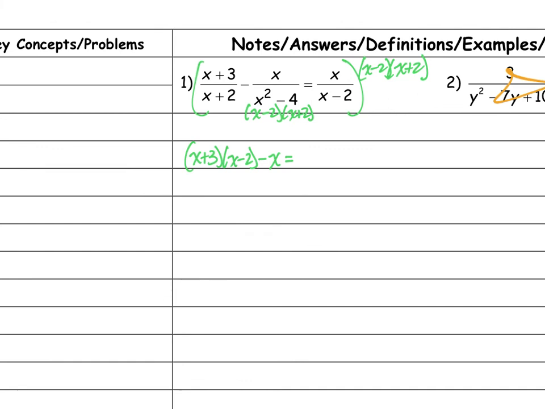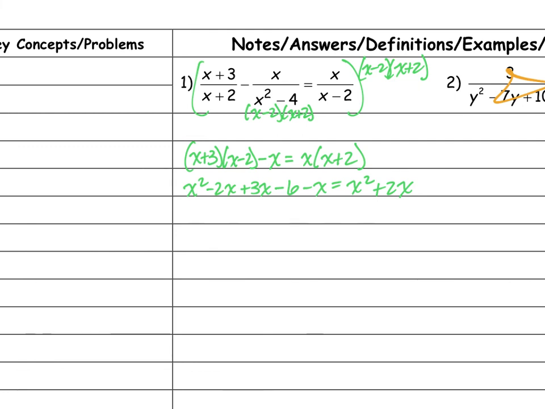Minus x times, there's no times, because everything cancels out. The x minus 2's cancel out. I have x, and I get left with x plus 2. Okay, distribute. And we get x squared minus 2x plus 3x minus 6 minus x equals x squared plus 2x.